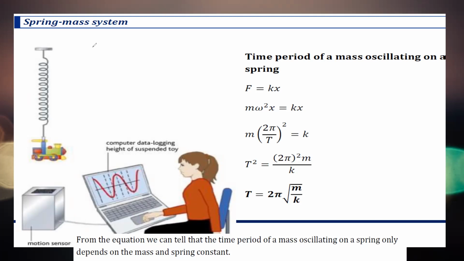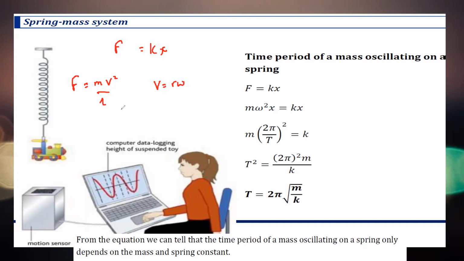So we have the formula F is equal to kx, and same thing when an object is oscillating, vibrating, like moving in a circular path, the centripetal force, we have F is equal to m v square over r, where v is equal to r omega.